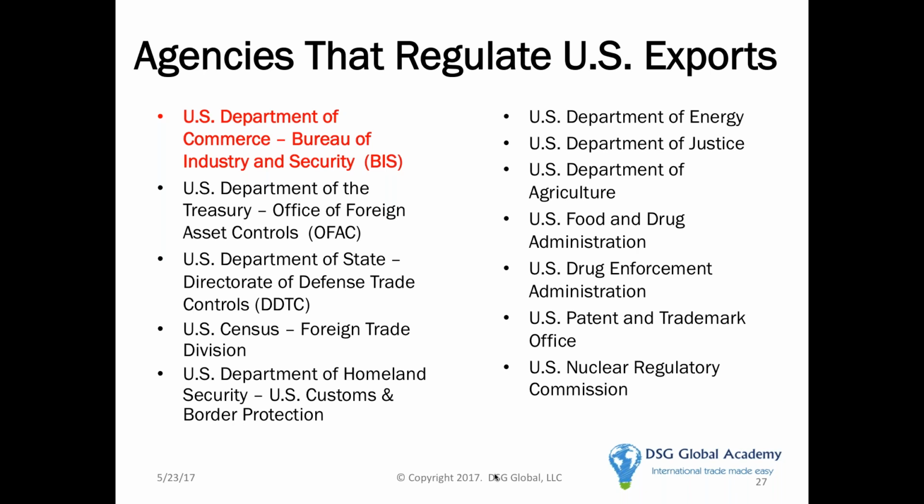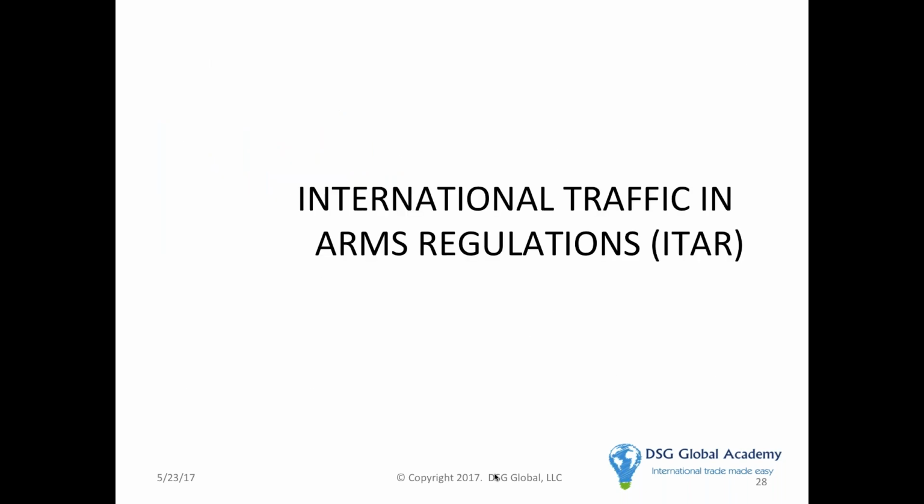And finally, the Department of Homeland Security, which is the parent agency of US Customs, actually monitors and enforces this EEI filing on behalf of US Census, because US Census doesn't have the number of personnel. Now, on the right-hand side are other technical departments that deal with other issues, but they all have some export law that might be applicable, such as the Department of Energy, Department of Agriculture, Food and Drug Administration, and so on and so forth.